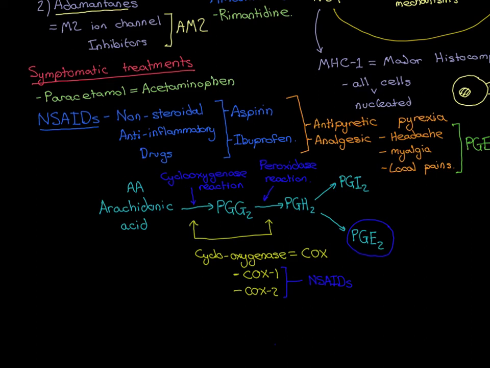So humans were looking for the answer. How does this wonderful drug paracetamol actually work? And we discovered that there was another cyclooxygenase enzyme beyond cyclooxygenase 1 and cyclooxygenase 2. There was the cyclooxygenase enzyme COX-3. And we found out that paracetamol is an absolutely brilliant inhibitor of COX-3.